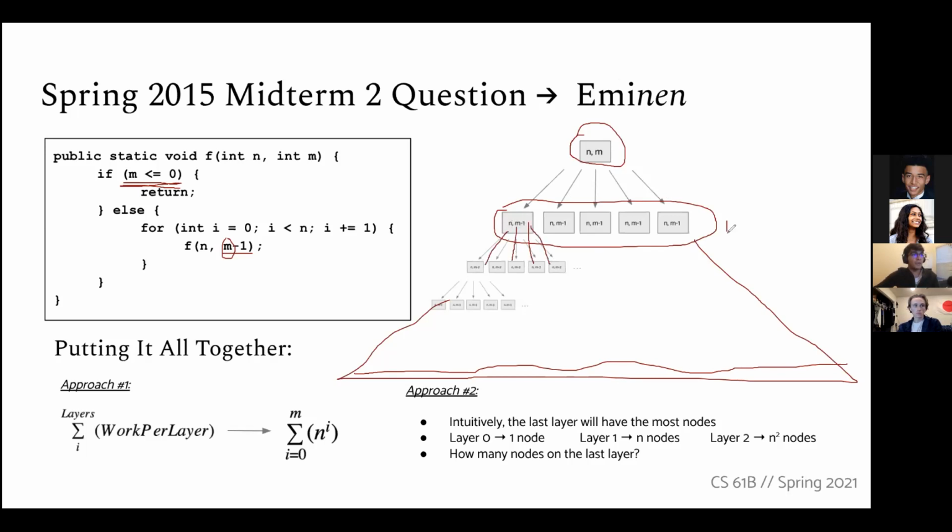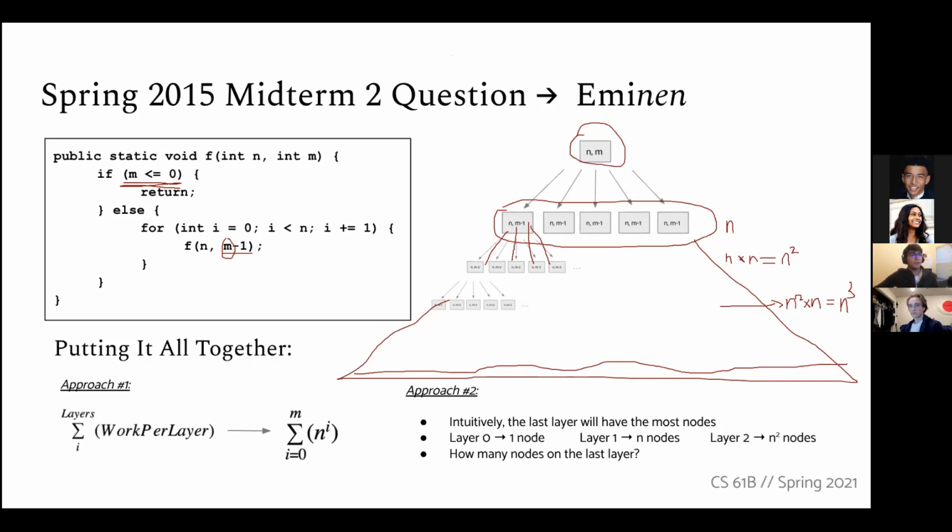So if there were n nodes here and each of them had n of their own children, we get n times n equals n squared nodes on this layer, right? Each of these n squared nodes is going to have n more recursive calls. So we get n squared times n, and that's going to give us n cubed. Hopefully everyone can see how I'm getting that.